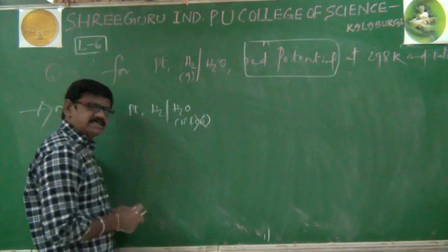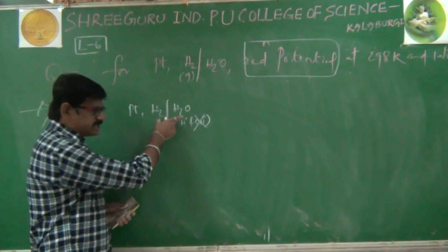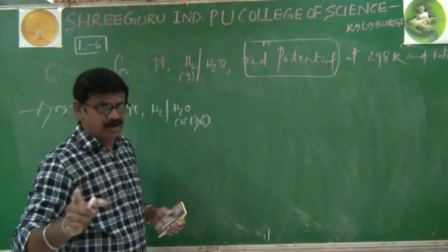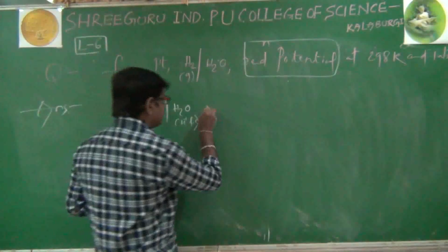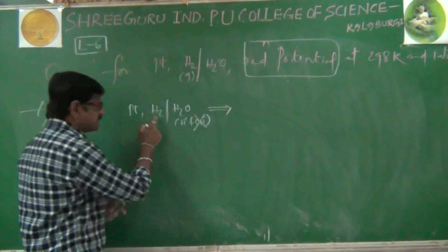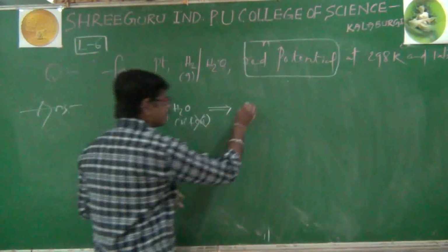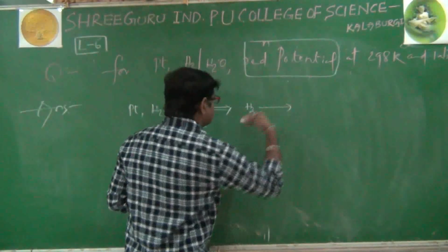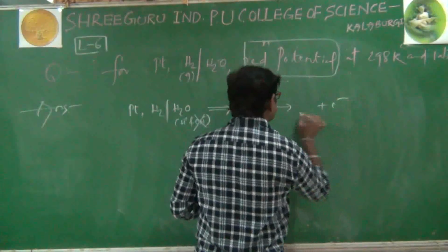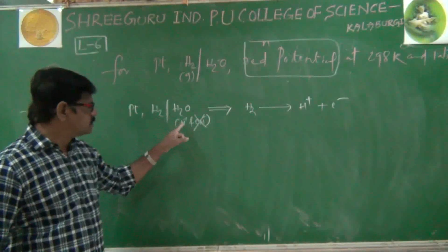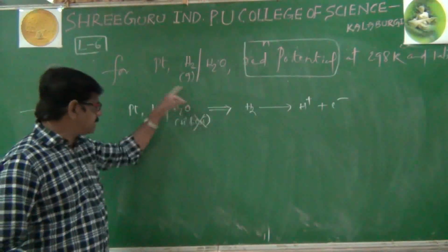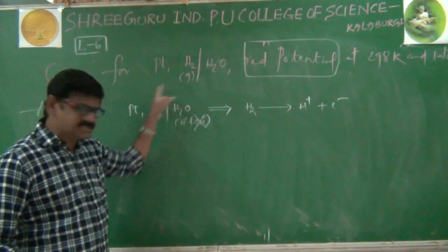H2 converted to H plus, so we have to tell whether it is an oxidation symbol or a reduction symbol. Here we'll write its relevant equation. H2 by losing electrons converted to H plus, which means it is absolutely an oxidation symbol.